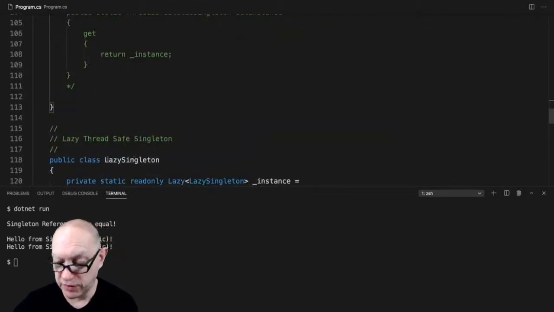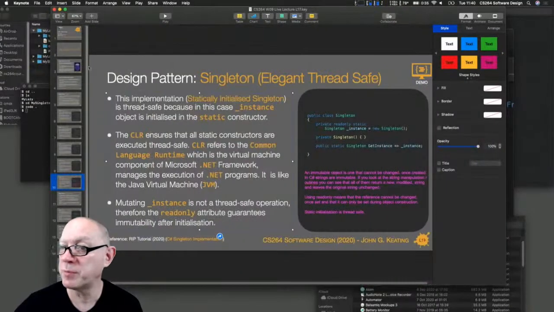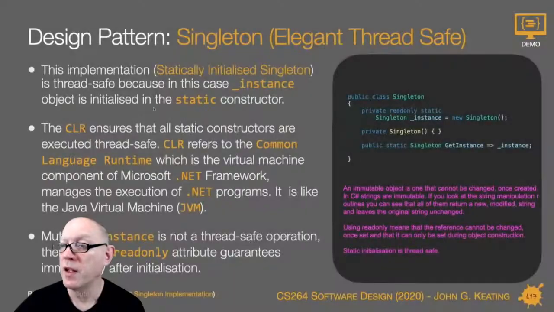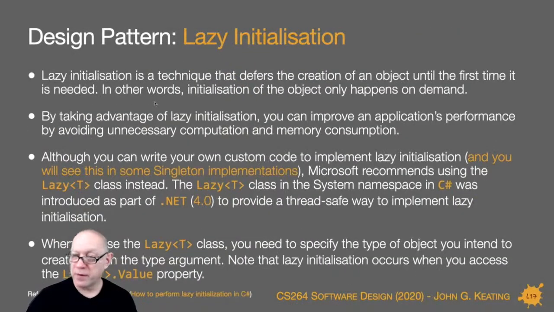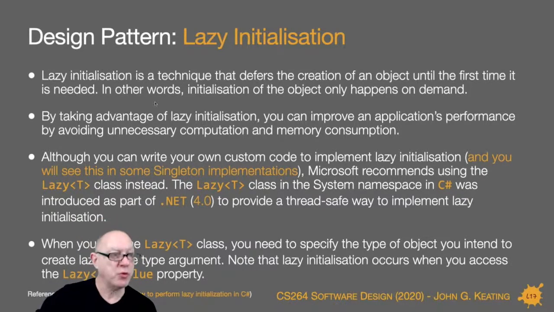So you've seen me talking about lazy singleton. What's laziness got to do with all of this? Let's think about lazy initialization and design patterns. Lazy, as opposed to eager initialization, is a technique that defers the creation of an object until the first time it's needed. In other words, initialization of the object only happens on demand.